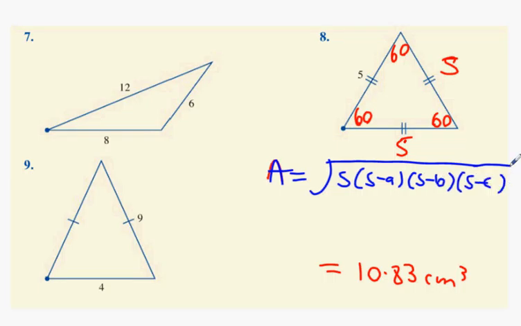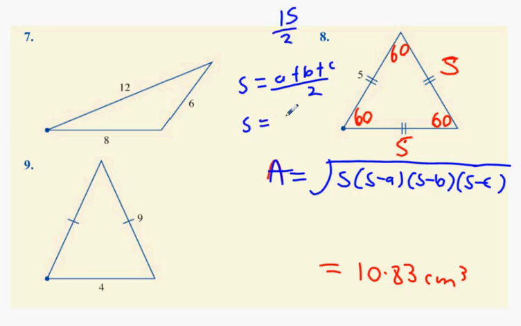Now, you have to find out what the value S is. Anybody remember it? A plus B plus C all over 2. What does A plus B plus C stand for? All the sides added together. In this case it's 5 plus 5 plus 5, which is 15 over 2. What is 15 over 2?